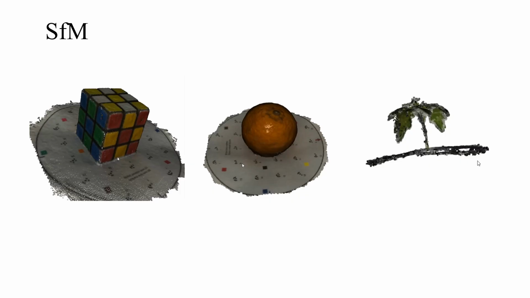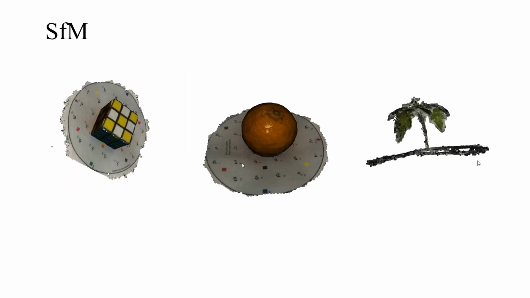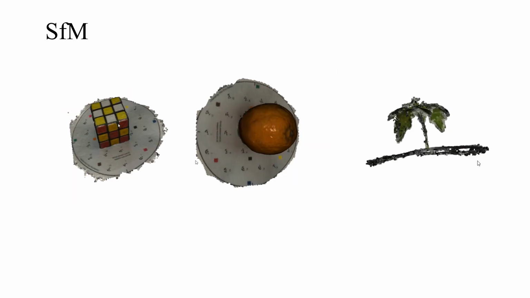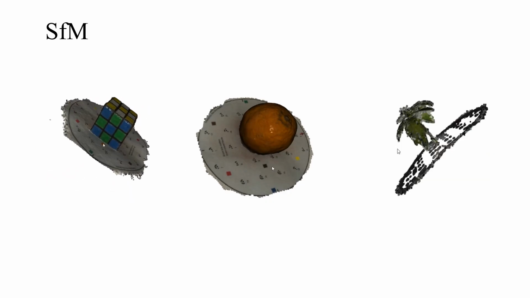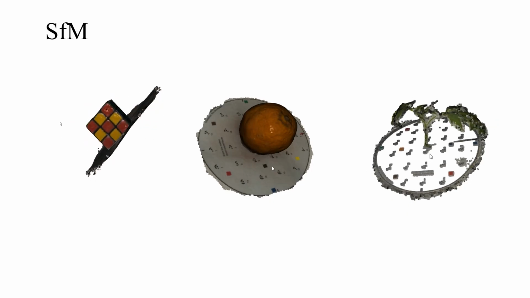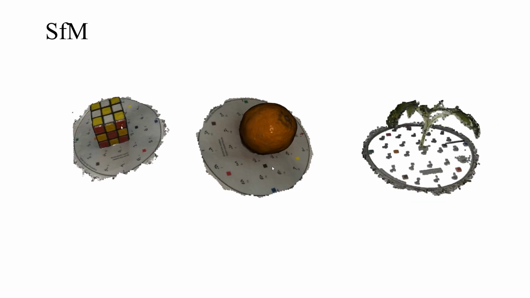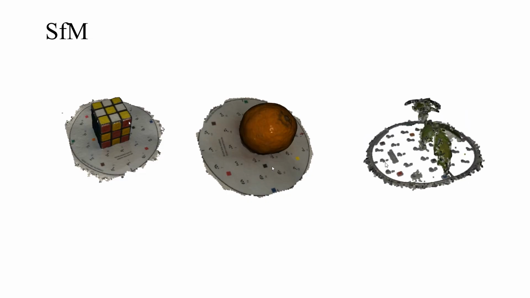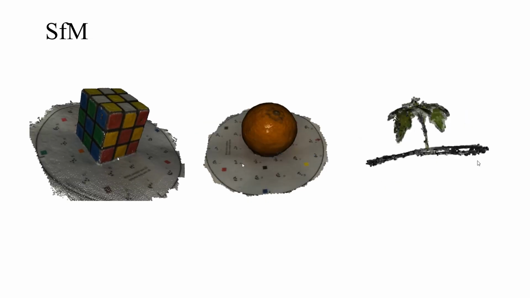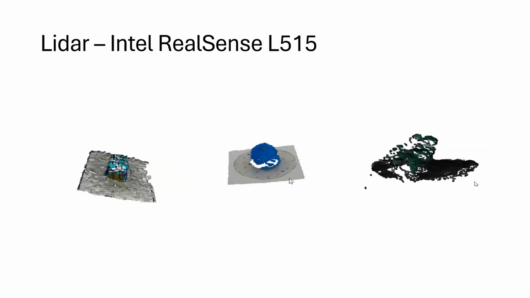SfM seems to be working well for the cube and orange, and similarly the point cloud of the plant also seems to work well.